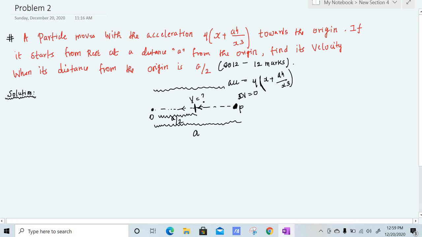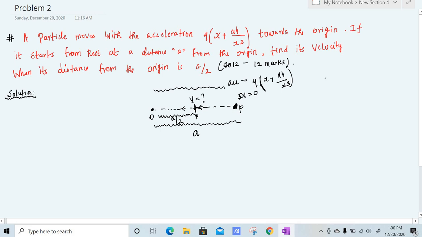Now suppose at distance a by 2 the particle is somewhere around here; what will be its velocity at this point? This is our question.